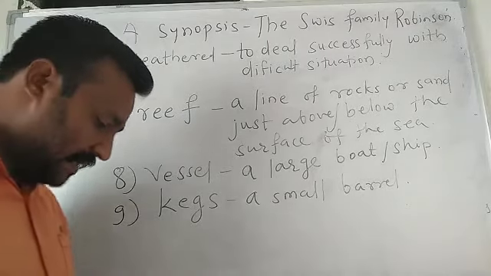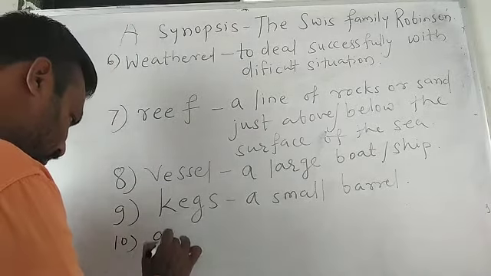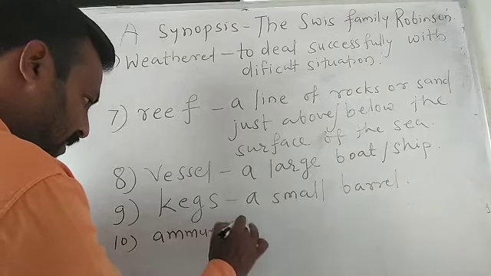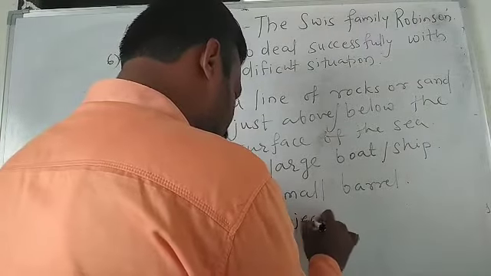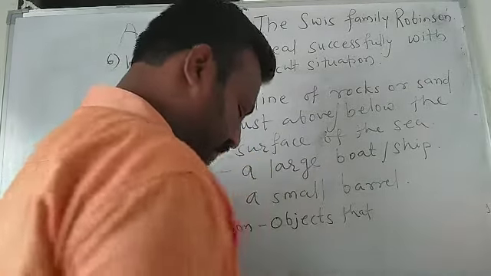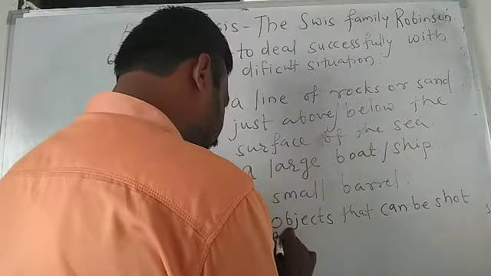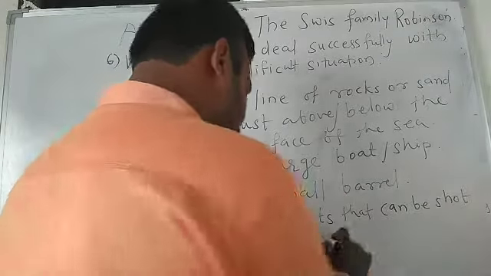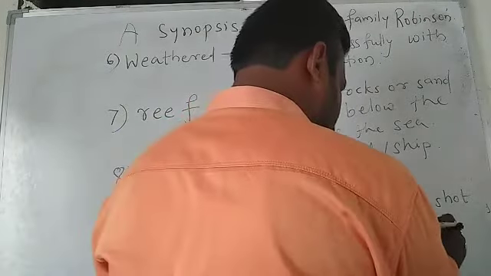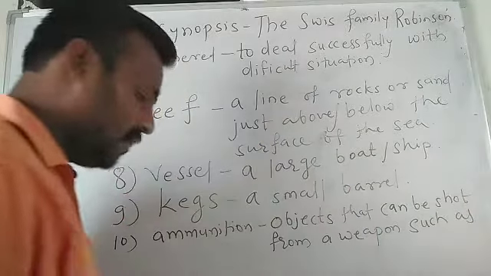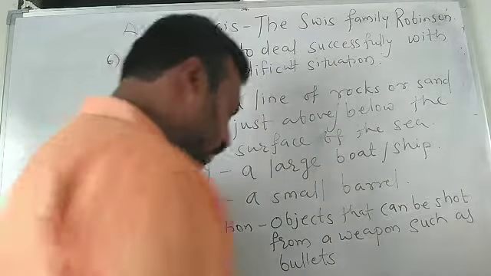Getting? Next word, that is ammunition. The meaning of ammunition is objects that can be shot from a weapon, such as bullets or bombs.